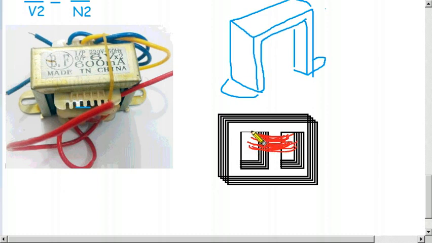We wind this about 1000 turns, so that one is going to be the primary. Then about 50 turns we wind again, that is going to be the secondary winding. So like this transformers are constructed. There are two windings, two coils.